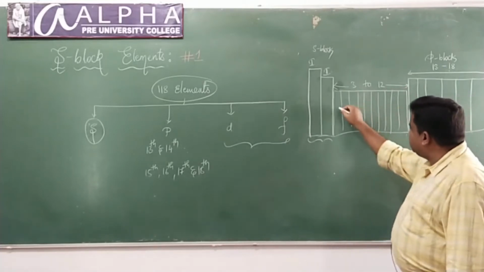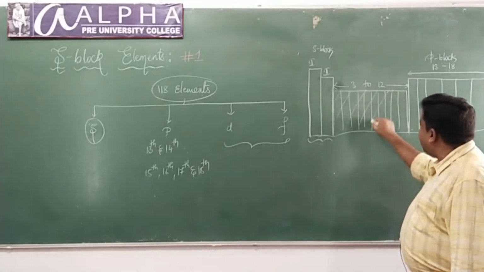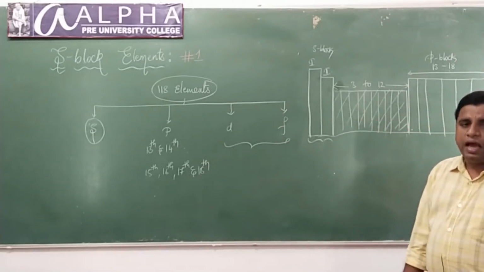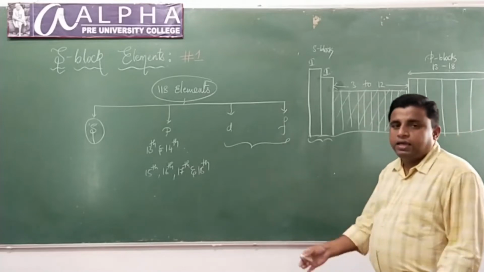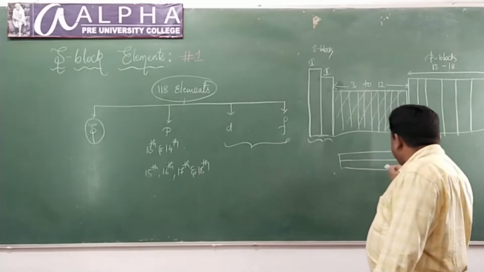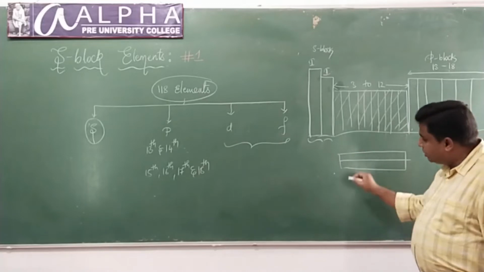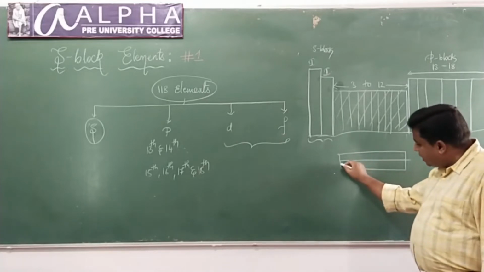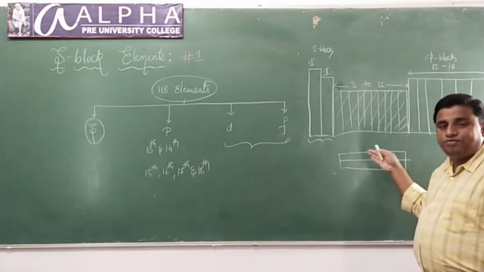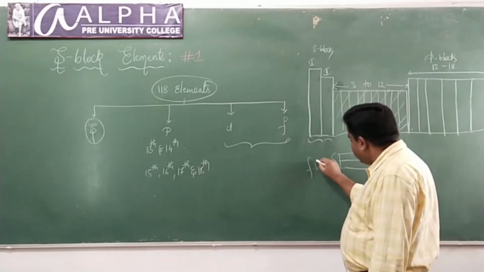The elements from group 3 to group 12 are called D block elements. Then we have a set of 14 elements placed at the bottom of the periodic table. This series consists of 14 elements, and these two sets of 14 elements are called F block elements.